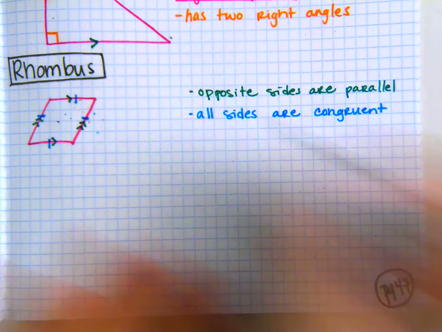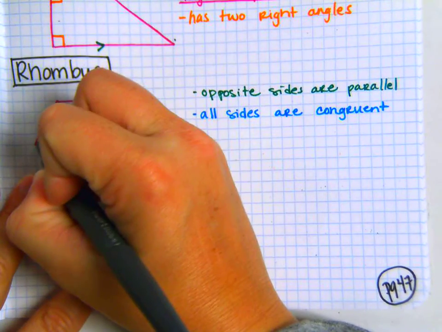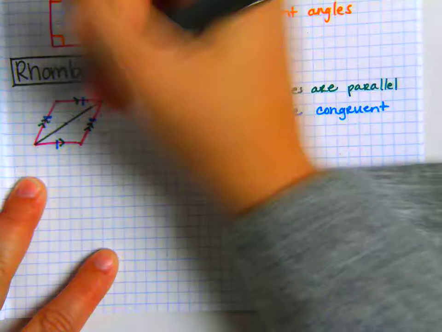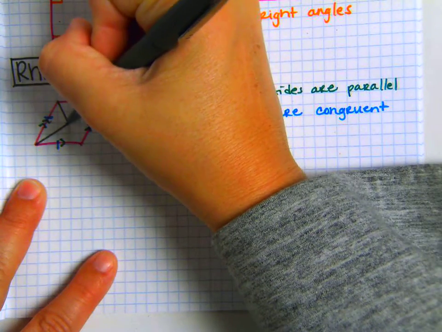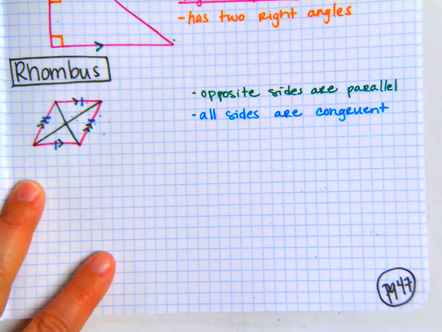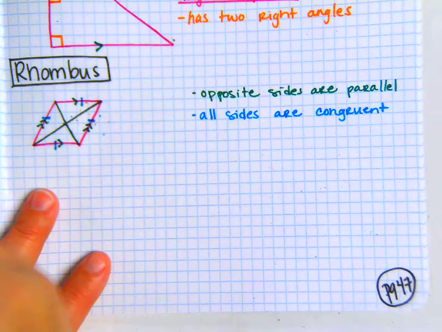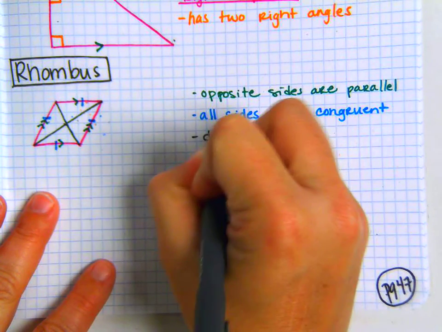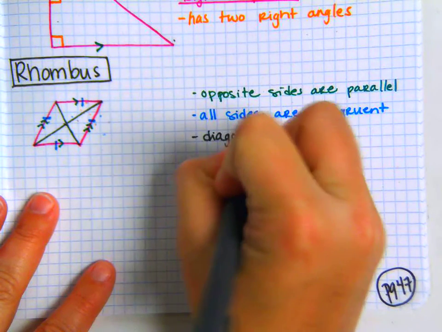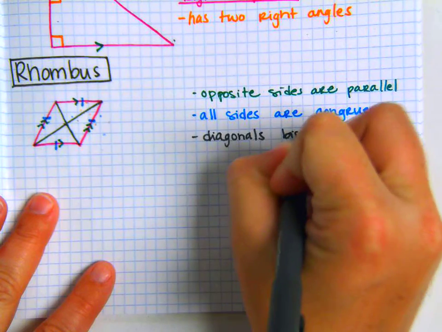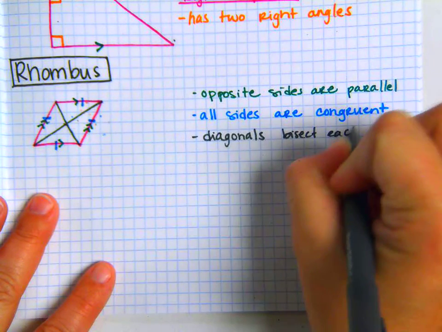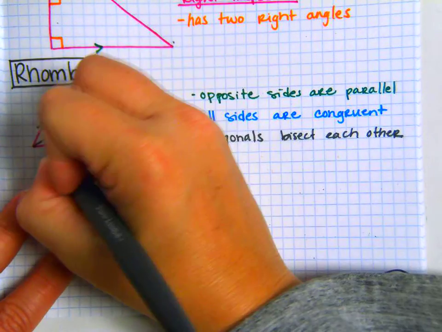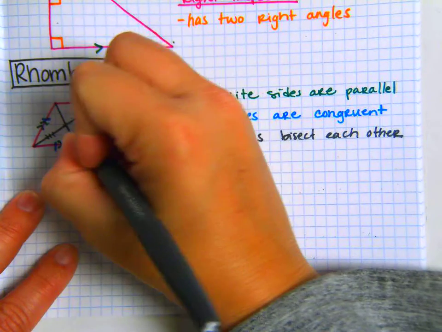Okay, the next one, if we draw diagonals, the diagonals bisect each other. So what that means is this is going to be congruent to this.